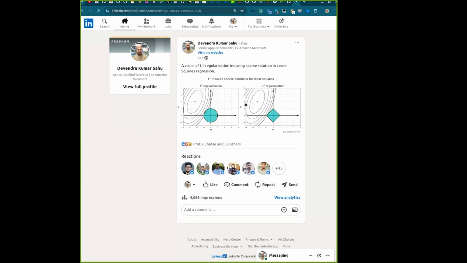First thing is the contours which you see are the first term, which is basically the residual sum of squares term. And then these diagonals are basically constraints. For example, in L2 regularization, this shaded blue circle is just the constraint that L2 norm is less than some quantity.